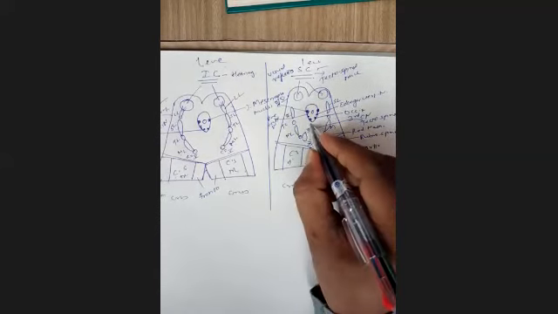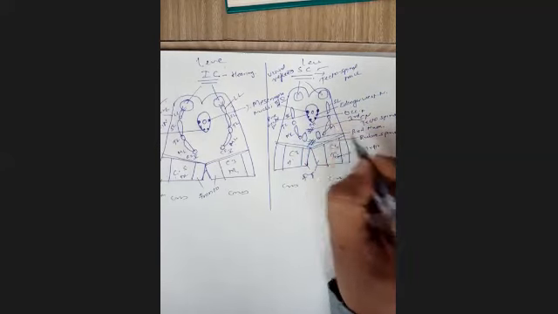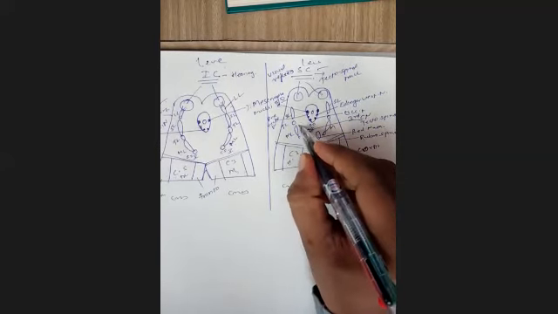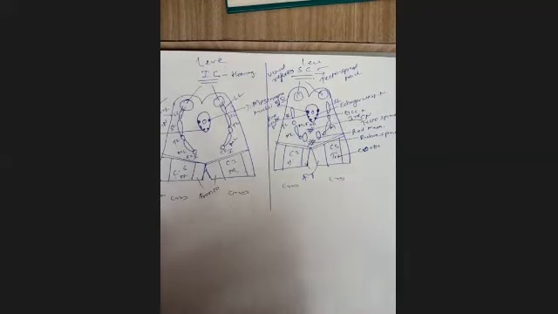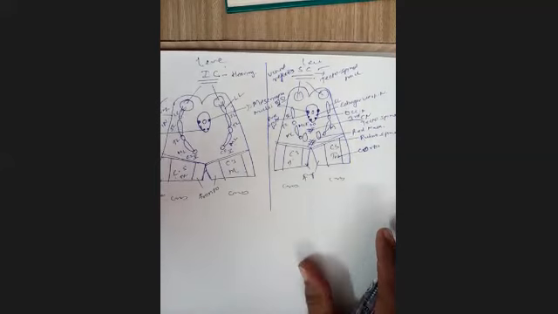And here in between we see one more thing, the MLF, medial longitudinal fasciculus. The medial longitudinal fasciculus connects all the cranial nerve nuclei. So cranial nerve nuclei have to be connected with each other.